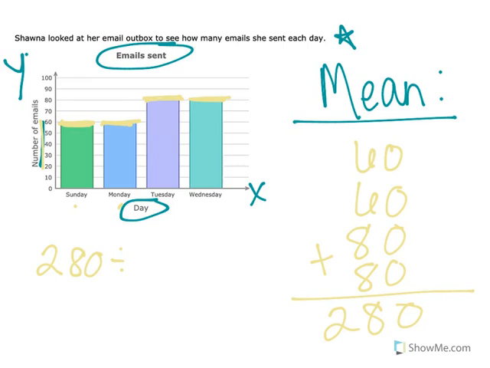An easy way to see how many pieces of data are in a bar graph is to count how many bars are part of the bar graph? 4. 280 divided by 4 is 70. So this means on average, she sends 70 emails a day.